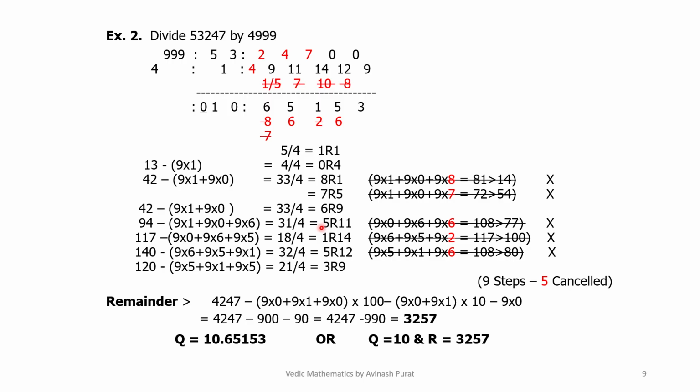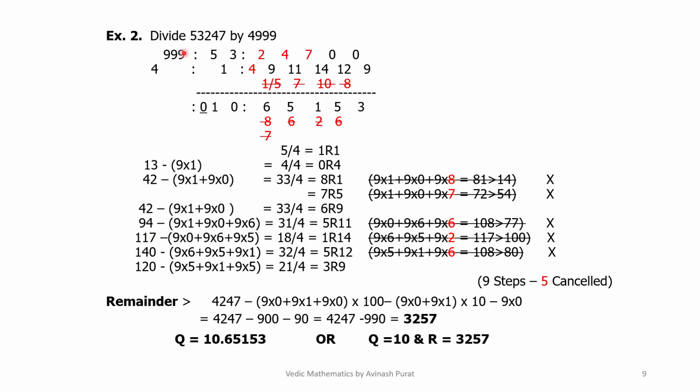Now again here, if we take 6 as the quotient, 9 into 6 is 108, which is more than 77. 7 is the remainder. So 77, that is not possible. Hence we have to take the quotient as 5. Then 11 is the remainder, and 117 is the dividend.